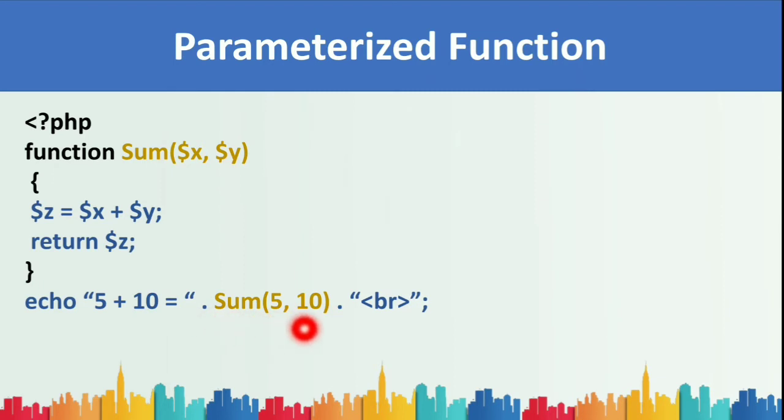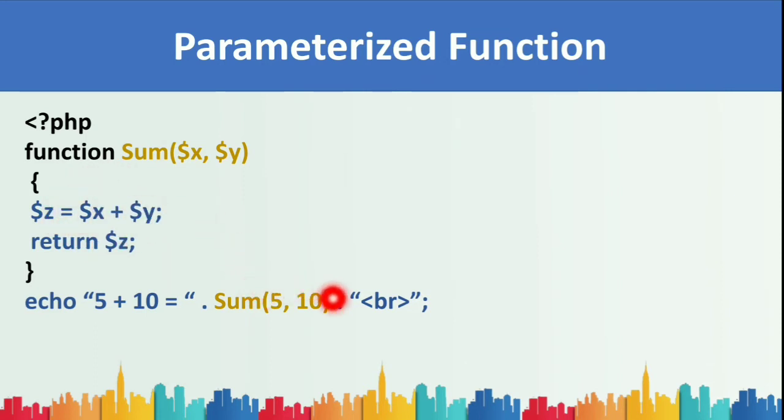So what is sum? It is the function call statement. Function call means look at this word and the function name; both will be the same. It means we are calling this entire block at this place by passing two values, 5 and 10. This is what a parameterized function is. We pass values from one function to another function and execution takes place in this block.